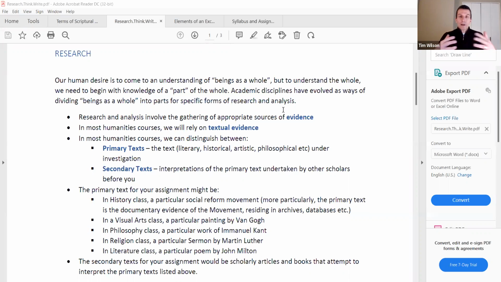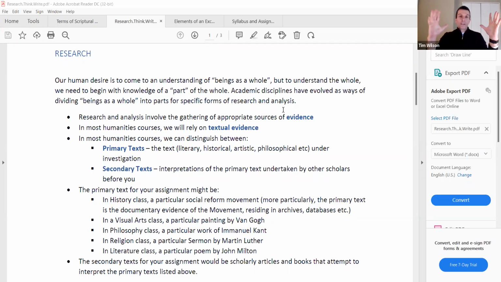So in terms of thinking about your research, we can think about it broadly as, humans since the beginning have always had this desire to know. I want to know about all things, all beings as a whole. I'd like to know everything. So to know everything, you have to break it up into parts.